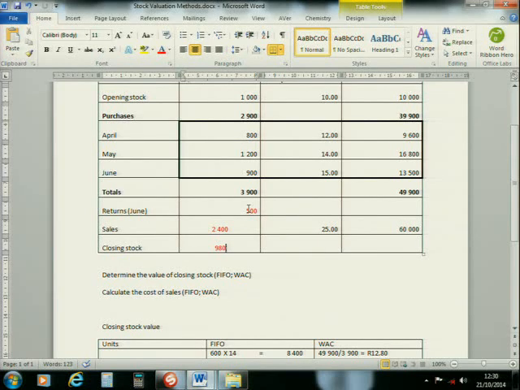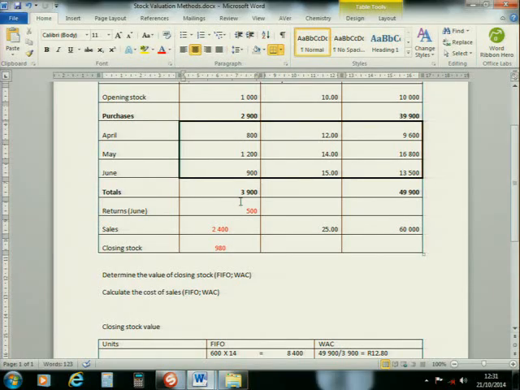It means you must have lost some units somewhere. Am I right? 3,900 minus 2,400 minus 500. Right.